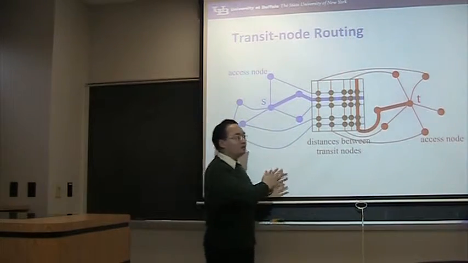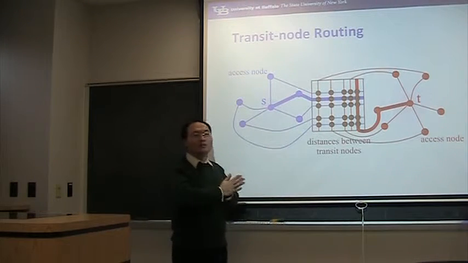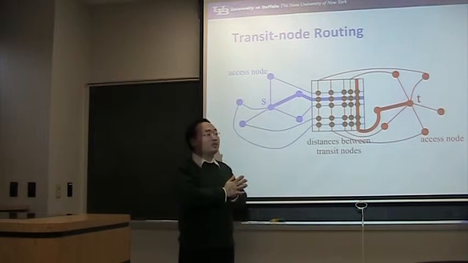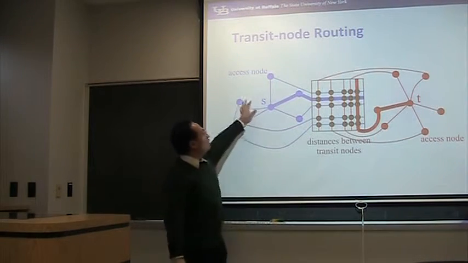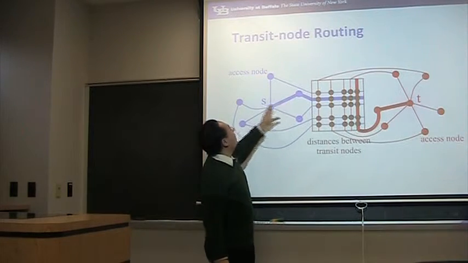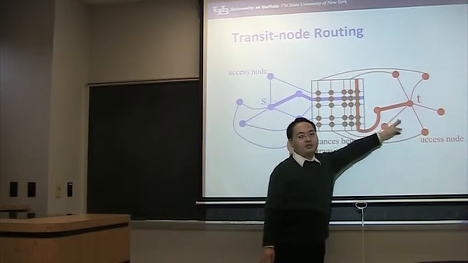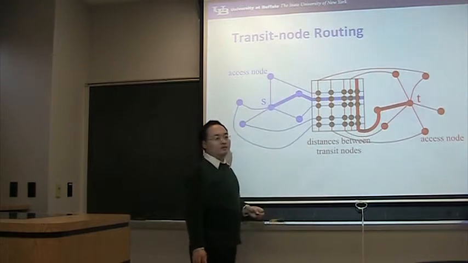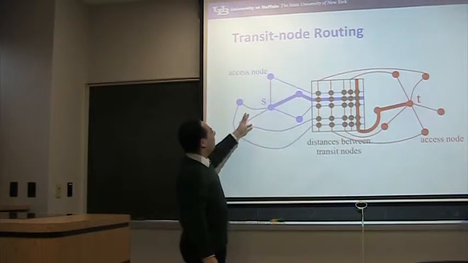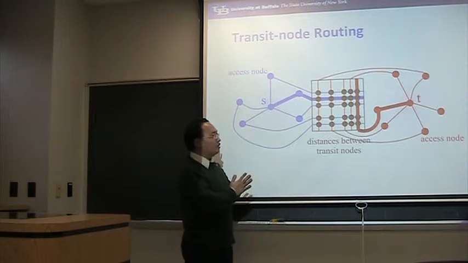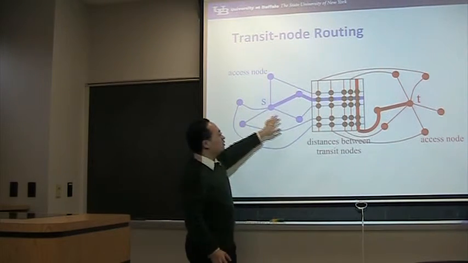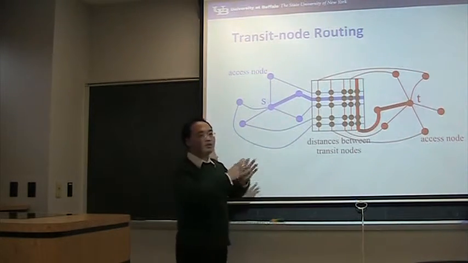So we perform a quick lookup in the tables, and then we can find the distance between these adjacent access nodes of S and these access nodes of T. And we apply a locality filter to see if S and T are in a local area.